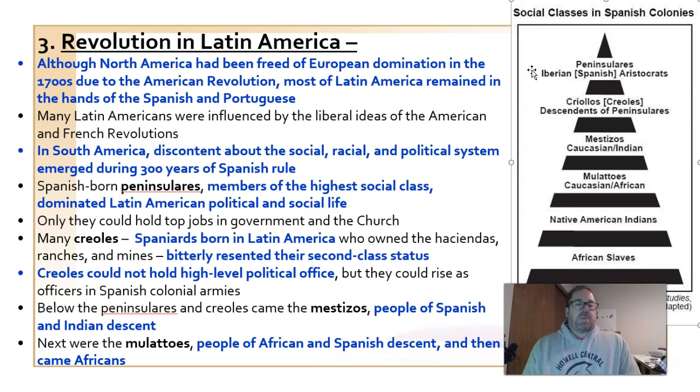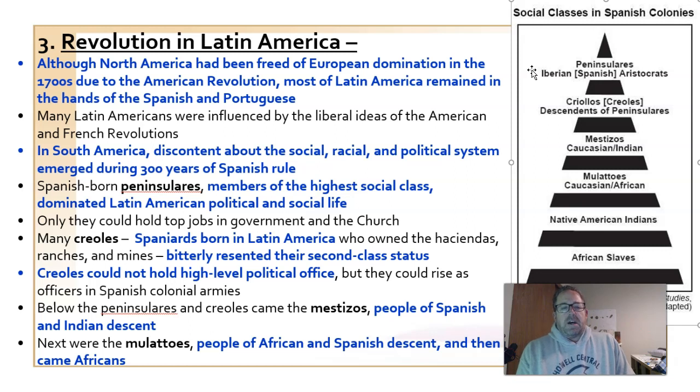So we're talking about Spanish, Portuguese, and to a lesser degree, French. Although North America gains its freedom in the 1700s, it's not until the first part of the 1800s that liberation comes to Latin America.